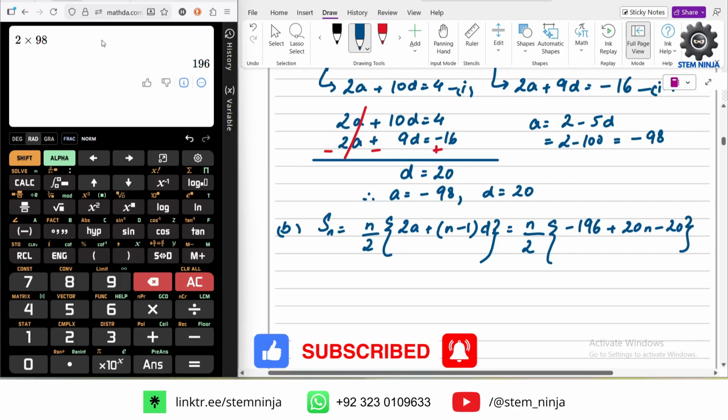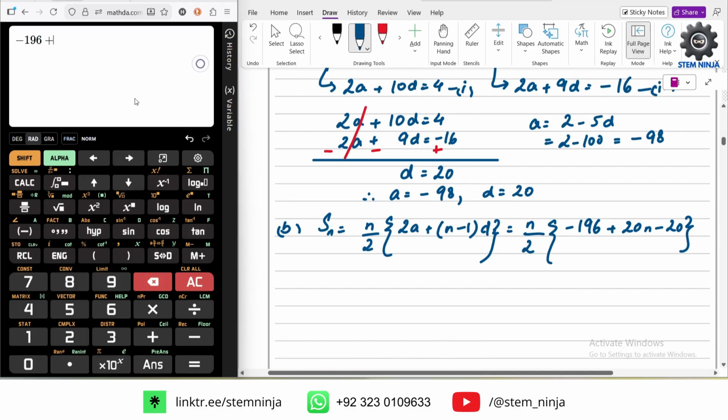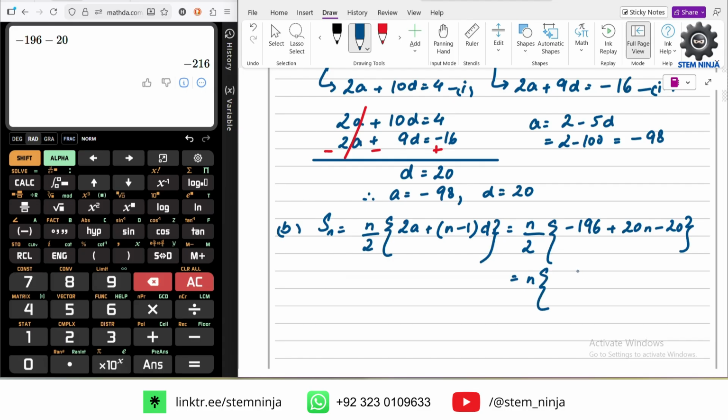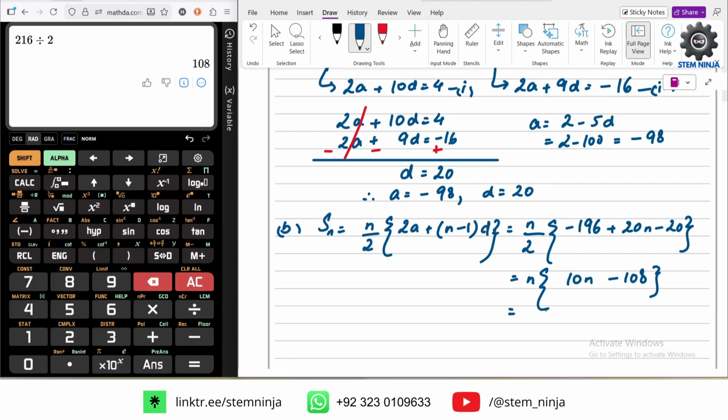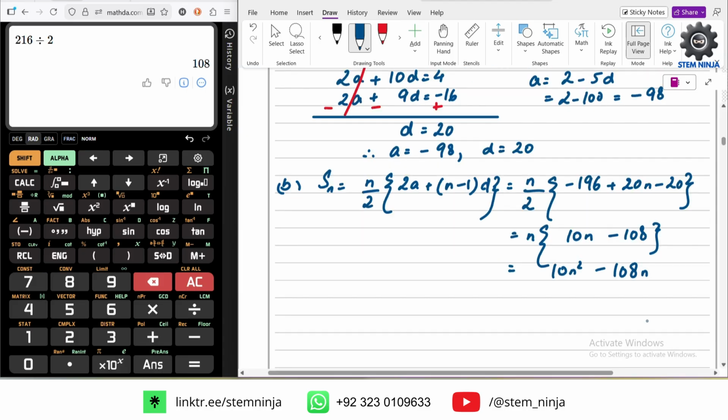Right? Okay. So you have minus 196 minus 20, which is minus 216. And since both of these are divisible by 2, we can just say 216 divided by 2, 108, and 10n. Right, so this would become 10n squared minus 108n.